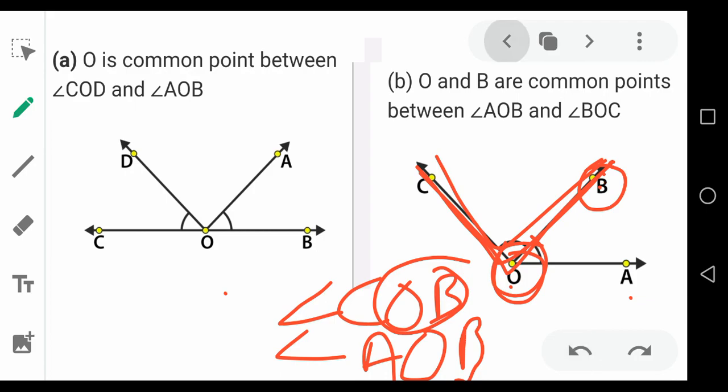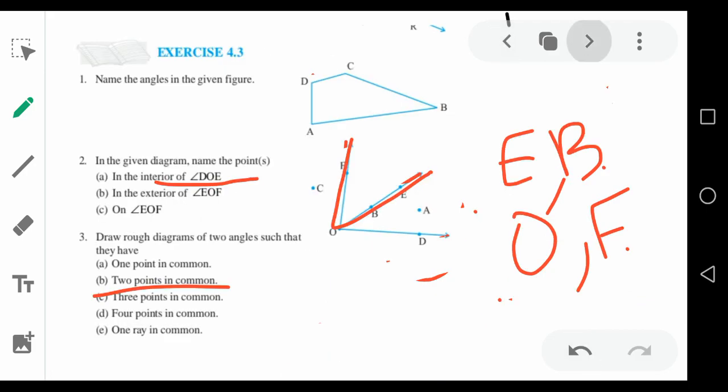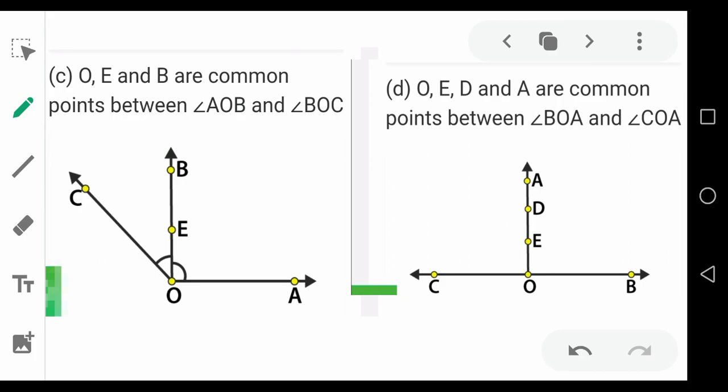Now comes the next, third one. 3 points in common. You can see this angle and this angle. How will you name this angle? Angle COB. In this angle, which points are there?